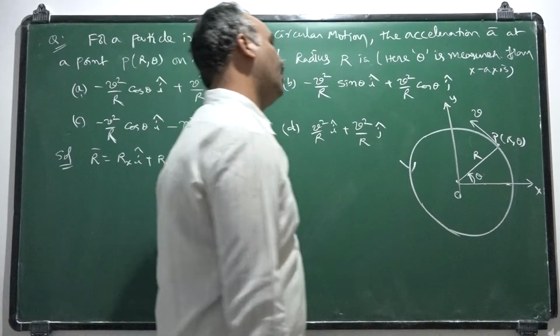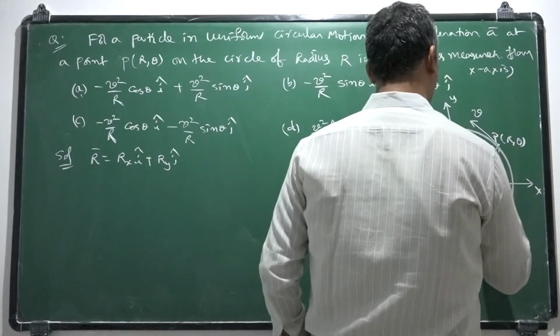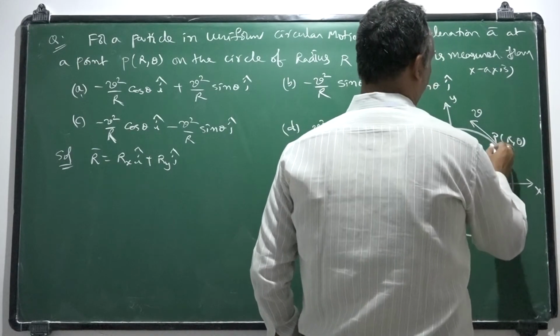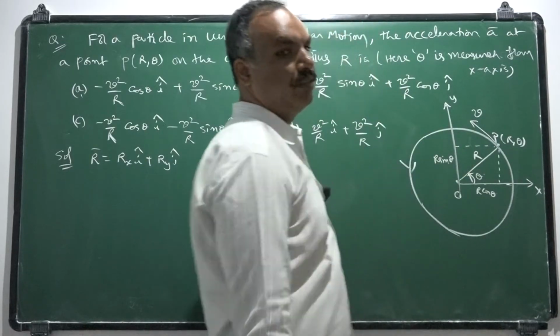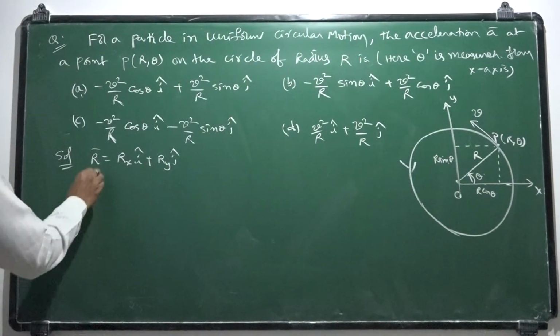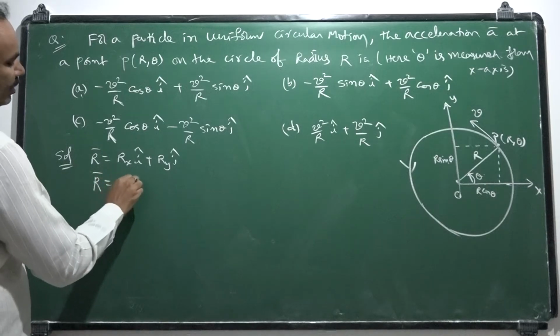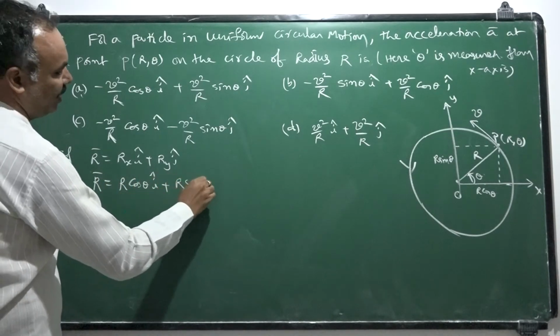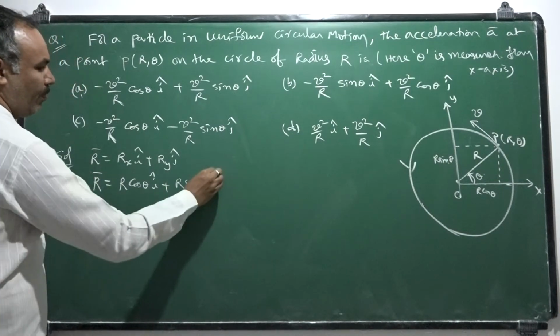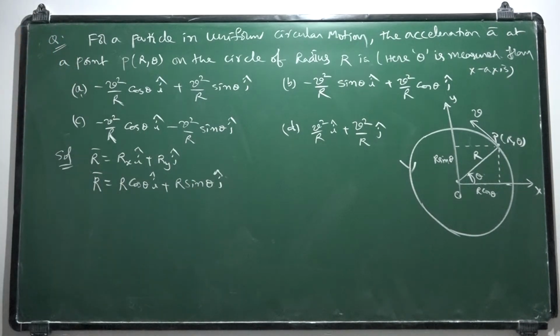The x component of this is r cos theta. Y component of this is r sin theta. So r bar can be written as r cos theta i cap plus r sin theta j cap. This is the position vector of the particle.